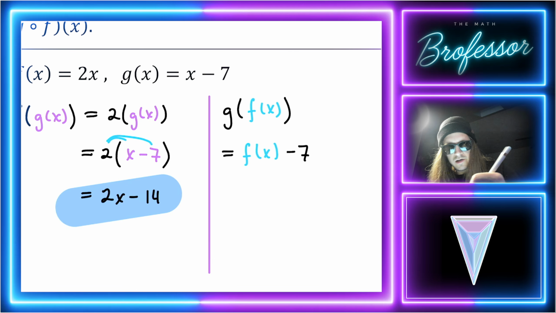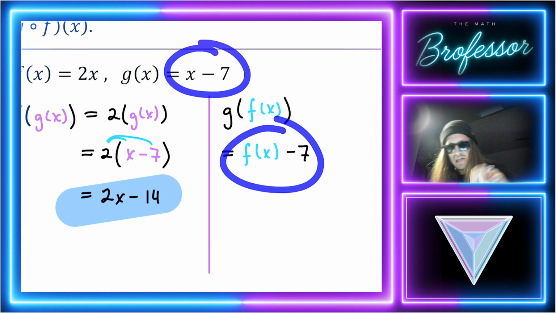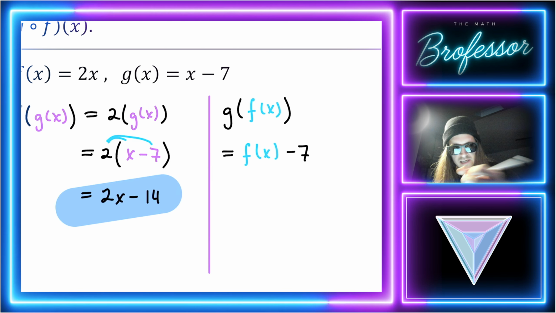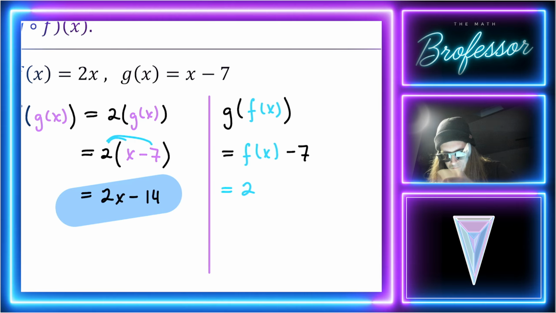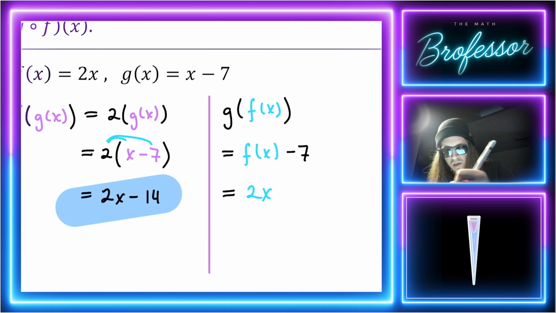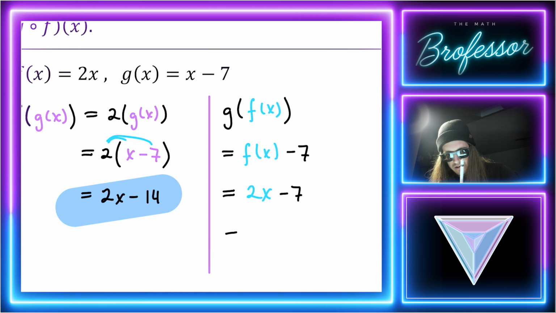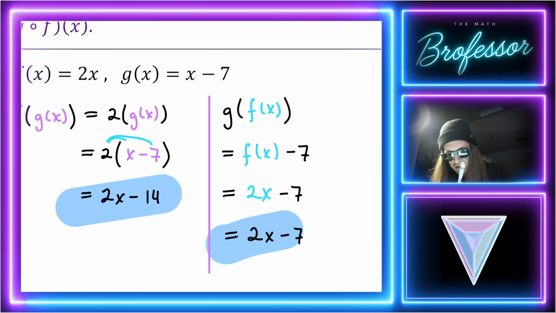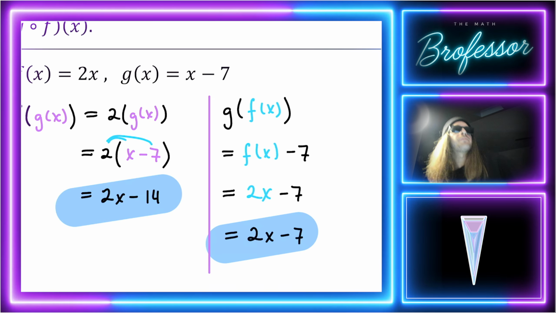So again, all I've done here is I've copied down x minus 7, but I've replaced the x with an f of x, and f of x is 2x, minus 7. And there's nothing you could simplify here, so for one final answer with all black, there we go. That's the answer right there for g of f.